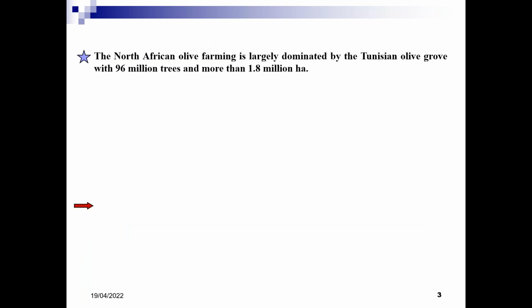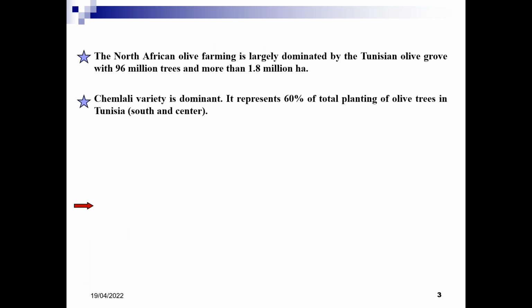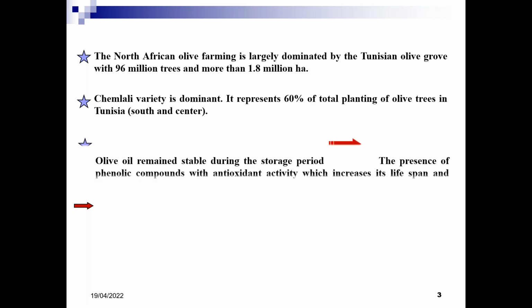North African olive farming is largely dominated by the Tunisian olive grove with 96 million trees and more than 1.8 million hectares. Chemlali is the dominant variety. It represents 60% of total planting of olive trees in Tunisia, in the south and the center.